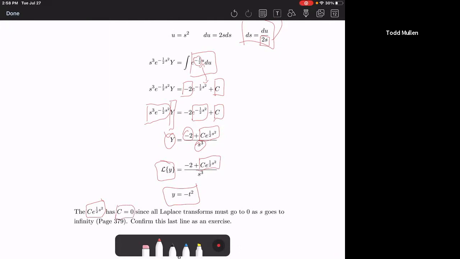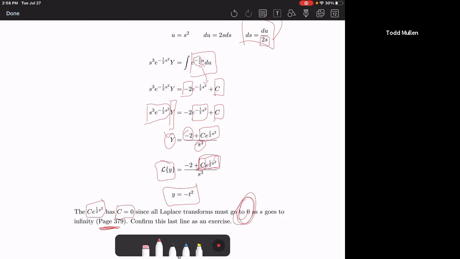And the reason for that is that all Laplace transforms must go to 0 as s goes to infinity. And that can be found on page 379. You can see quite clearly that if s went to infinity in this term, it's going to go off to either positive or negative infinity, whatever c is. But since it has to go to 0 to be a Laplacian, it must be true that c is equal to 0.